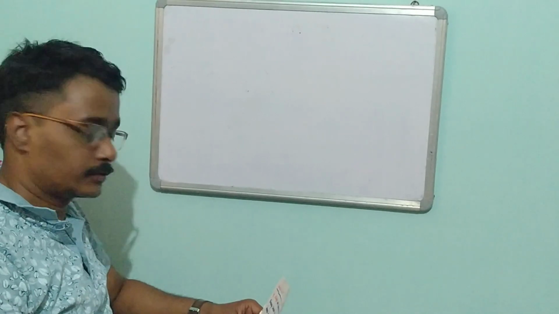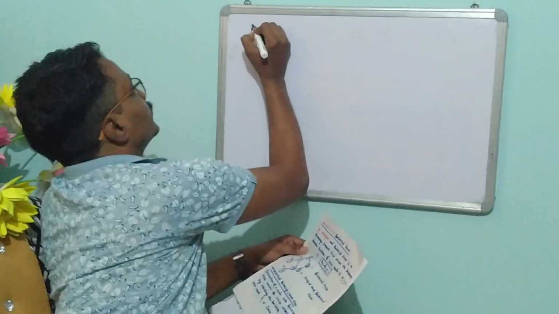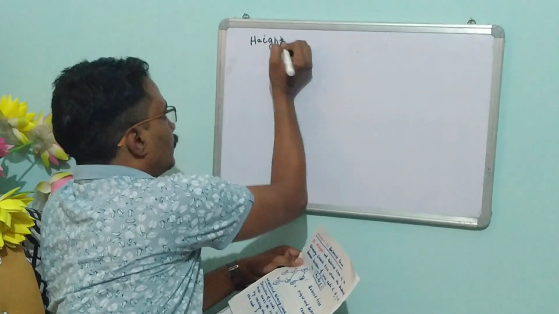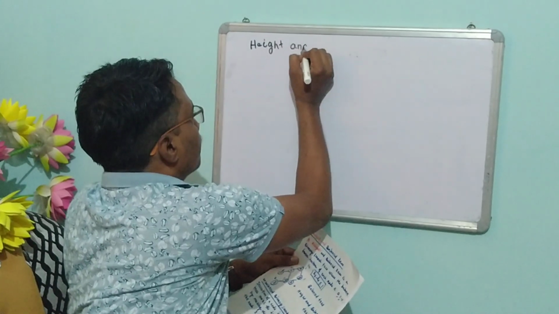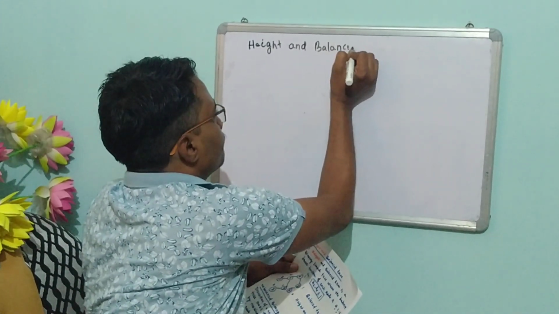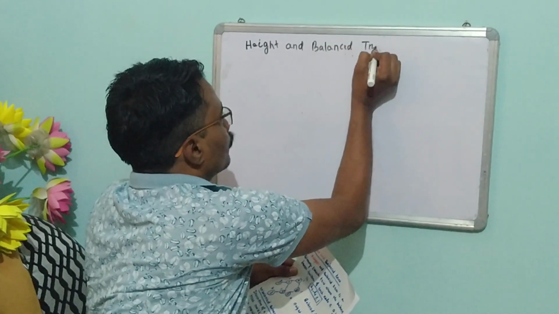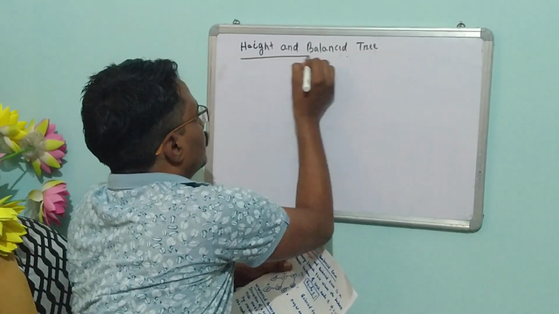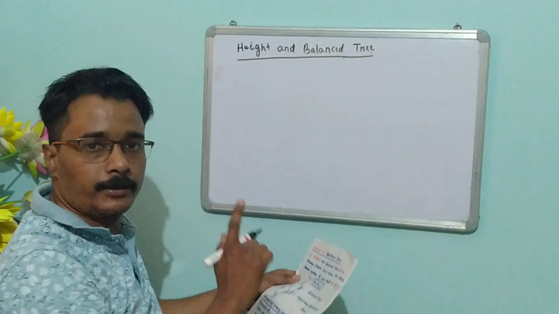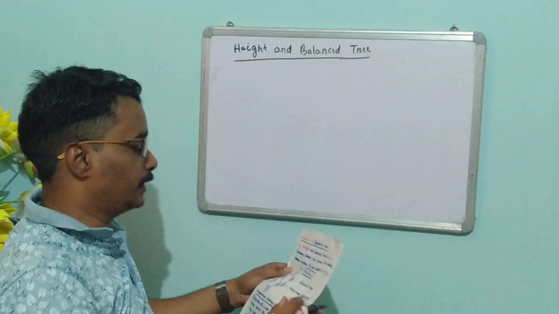So first write down height balanced tree. Whenever we approach a height balanced tree, first of all it will be a binary search tree.